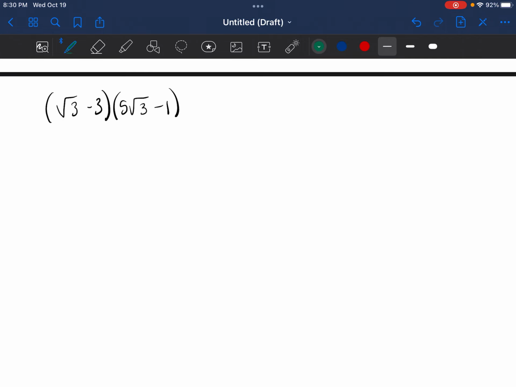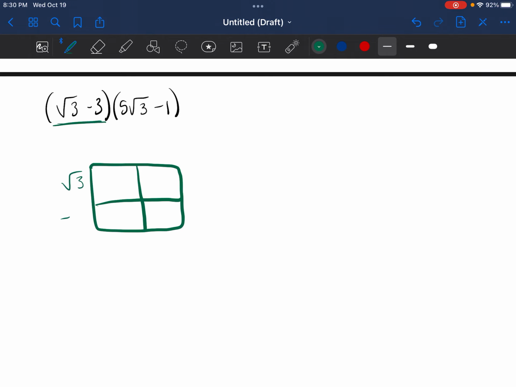So when I'm multiplying binomials, I like to multiply with an area model, and I will also show how to do it with distribution. So I'm going to go ahead and write my first factor on one side and my second factor on the other.